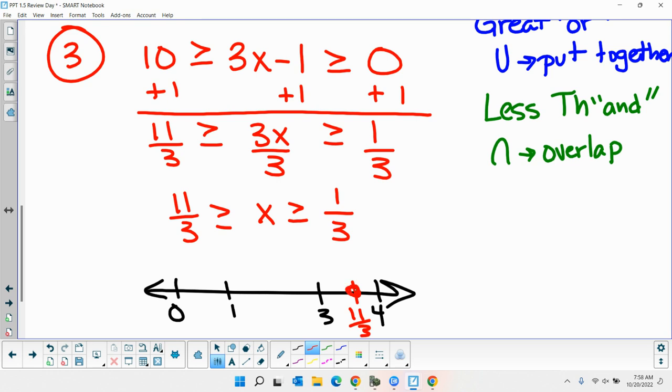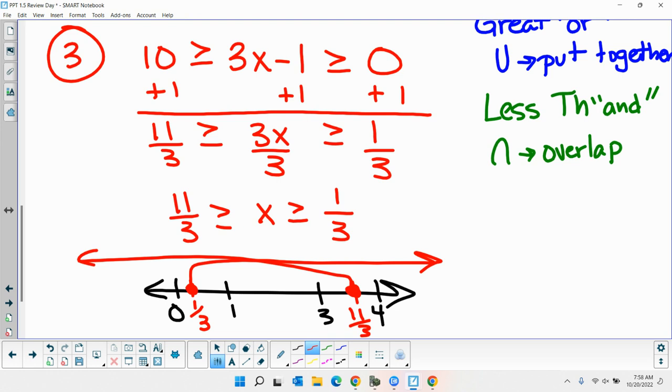Solid dot because of the equal to. 1/3 would be here. Solid dot because of the equal to. All right. So this is saying 11/3 is bigger than x. So 11/3 is bigger than the numbers to its left. So that would be going this way. Okay. This is always saying x is bigger than 1/3. So the numbers bigger than 1/3 are this way.